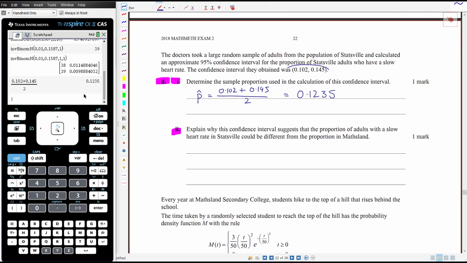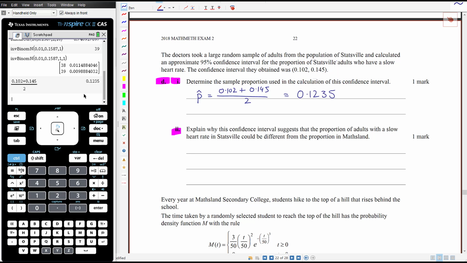Now, 0.1587 isn't even within the 95% confidence interval. So that would suggest that it's pretty unlikely that the actual proportion of those with a slow heart rate in Statsville is the same as that in Mathsland.